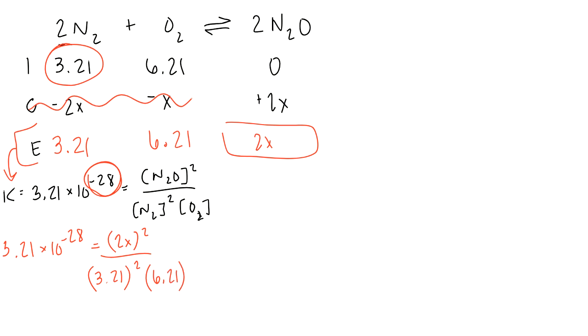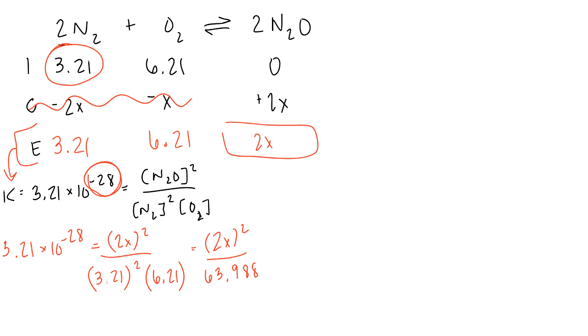What I would do first is multiply everything in my denominator together: 3.21 squared times 6.21. That's going to get me 2x squared on the top still, and on the bottom, 63.988. So I'm going to multiply by 63.988 on both sides.